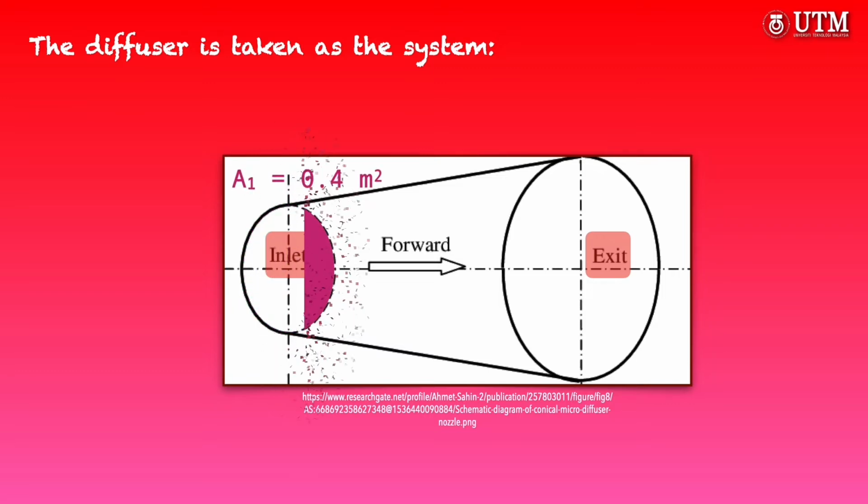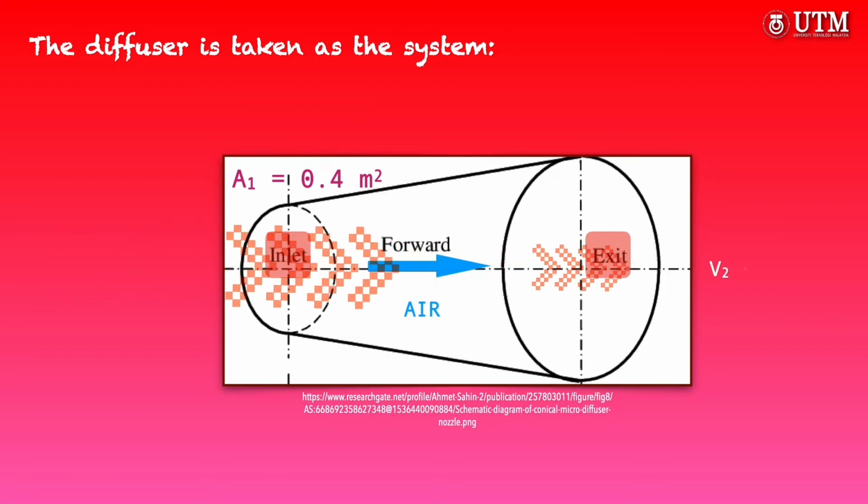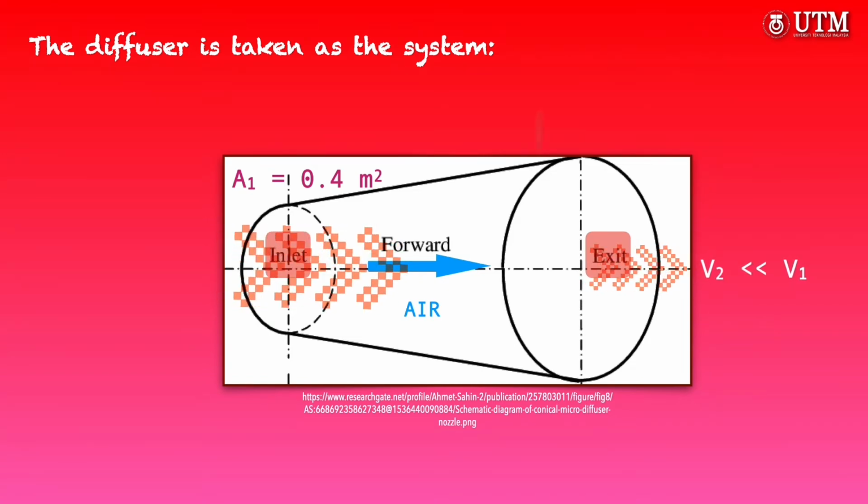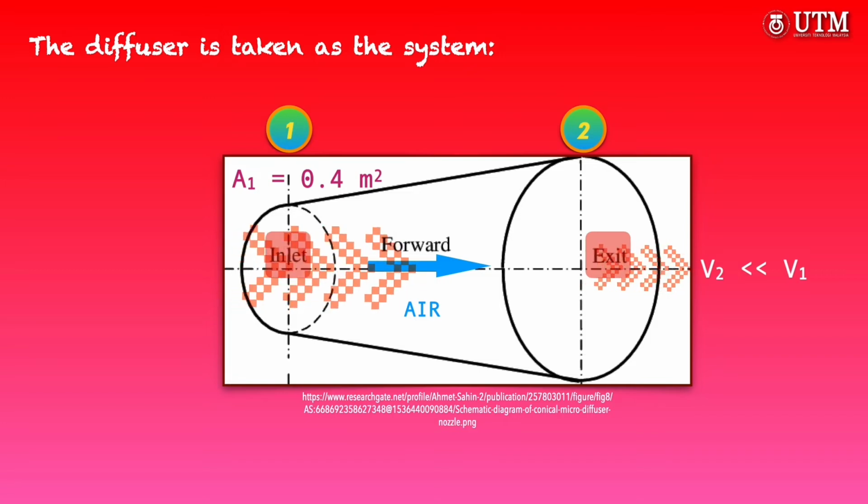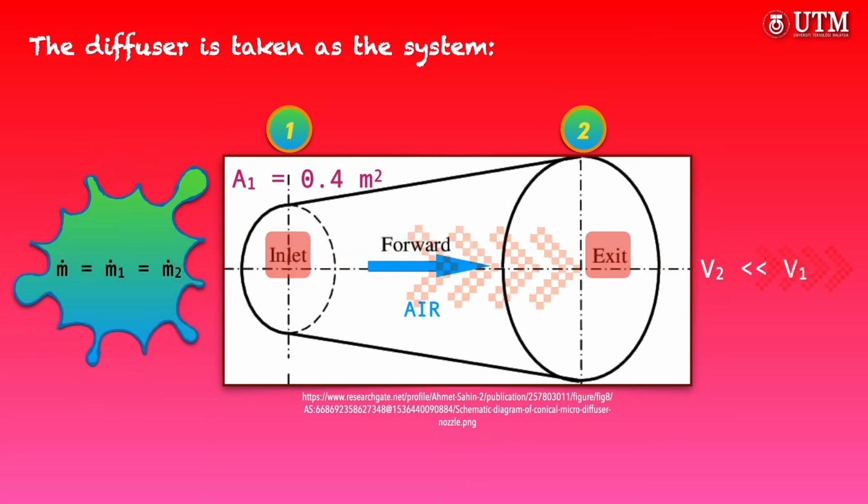The air leaves the diffuser with a velocity that is very small compared with the inlet velocity. State 1 represents the inlet of the control volume and state 2 the outlet. And thus, m dot equals m dot 1 equals m dot 2.